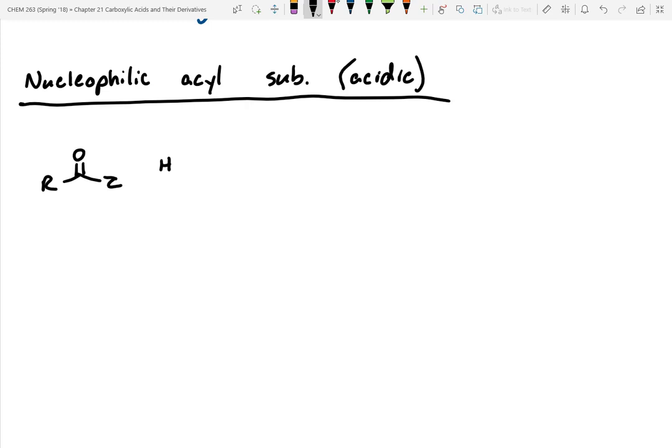Typically under acidic conditions, you'll have some sort of acid source floating around, so I'll just write that as H+. And then you've got some sort of nucleophile, but because the nucleophile is under acidic conditions, it's very unlikely that it has a negative charge, right? So in the first step, what do you think happens? Protonation. Absolutely. So just like last chapter, you can protonate that carbonyl.